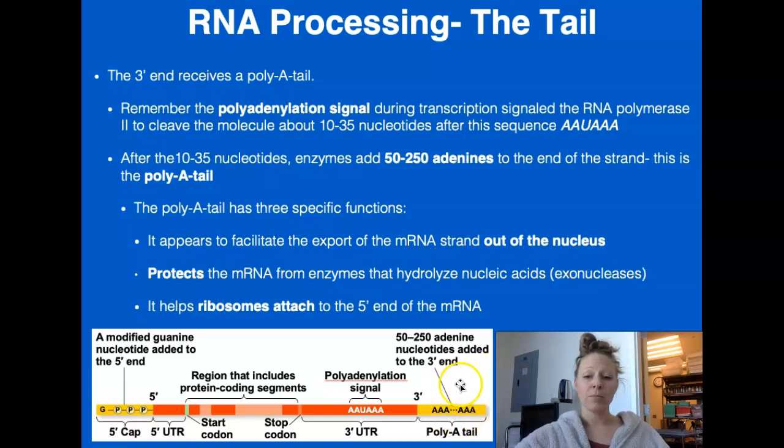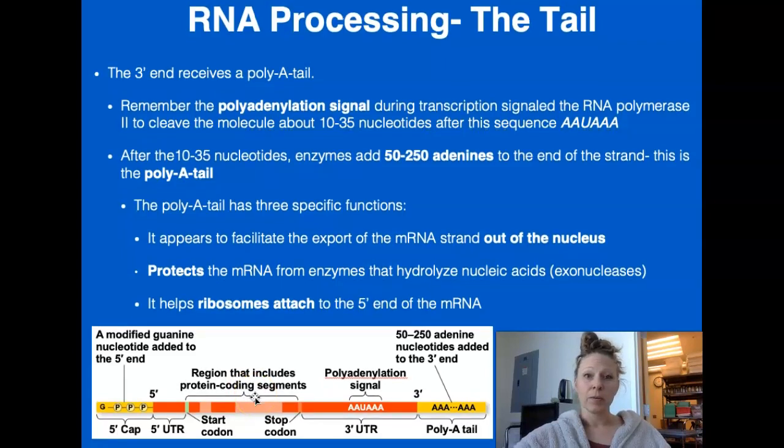It's not going to allow them to latch on and degrade the message. Finally, it's going to help direct the ribosome to attach to the 5' end. We know that the ribosome is going to need to attach to the 5' end in order to start pumping out the message of the protein, or the amino acids.